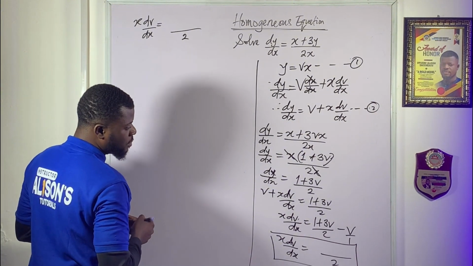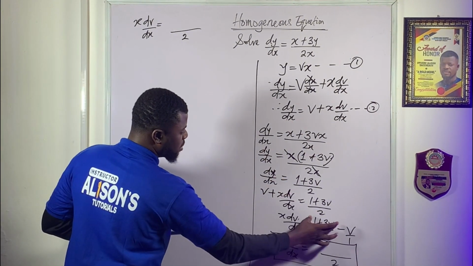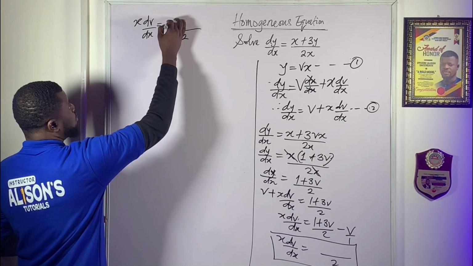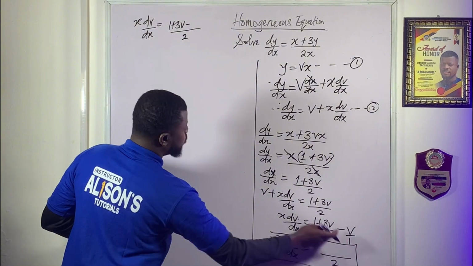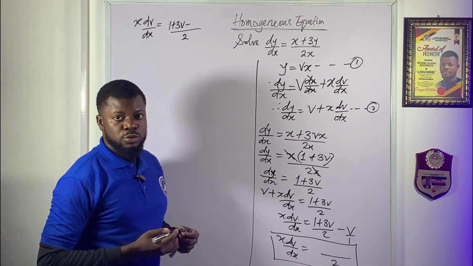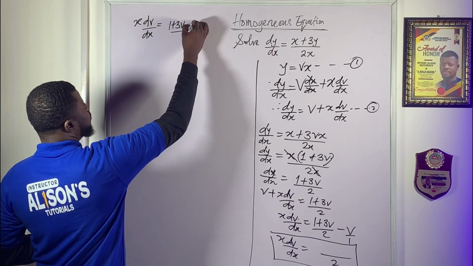So what happens if 2 goes into 2? That will be 1. 1 multiplied by 1 plus 3v will be 1 plus 3v. Minus, 1 goes into 2, that will be 2, and then 2 multiplied by v, that will be 2v.